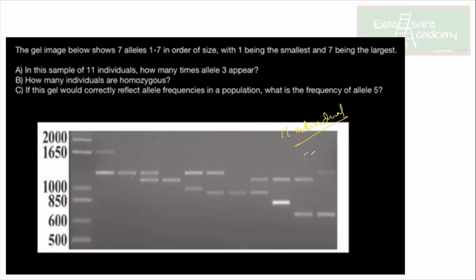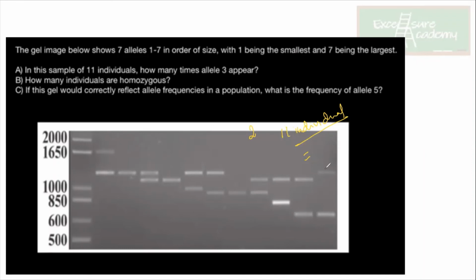What is the total number of alleles? 7. How come 7? It shows 7 alleles, right? No. One individual means 2 alleles, correct? Let it be heterozygous, let it be homozygous. So 11 individuals means how many alleles are there?